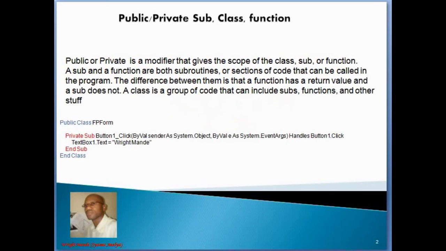We have words like public, private, sub, class, and functions. These words are used in Visual Basic differently because they truly do have different meanings. There is public or private.